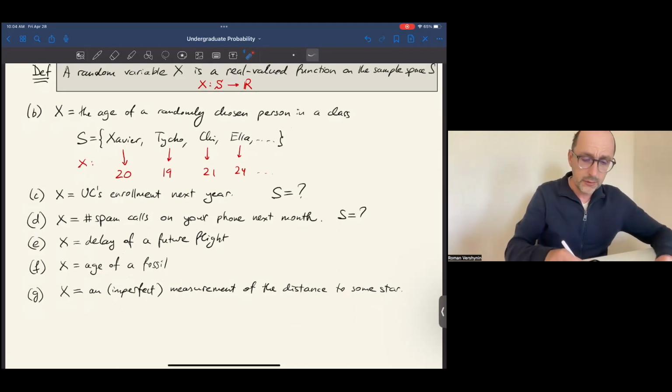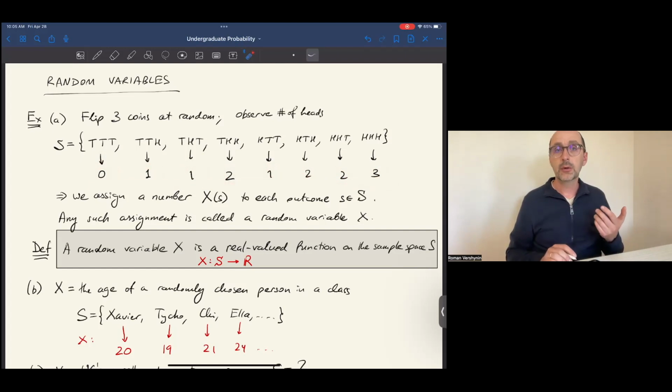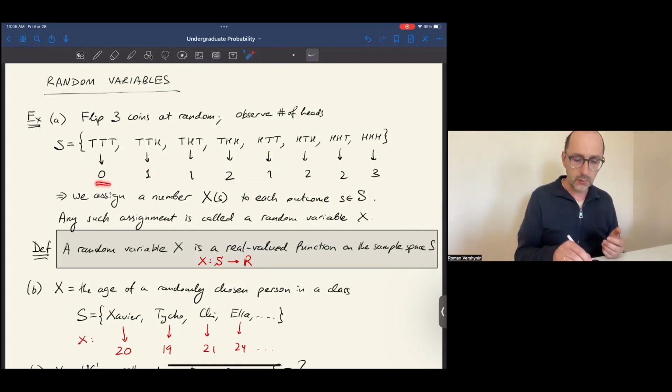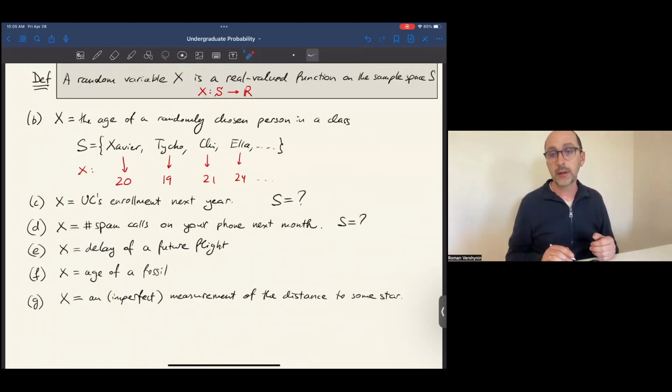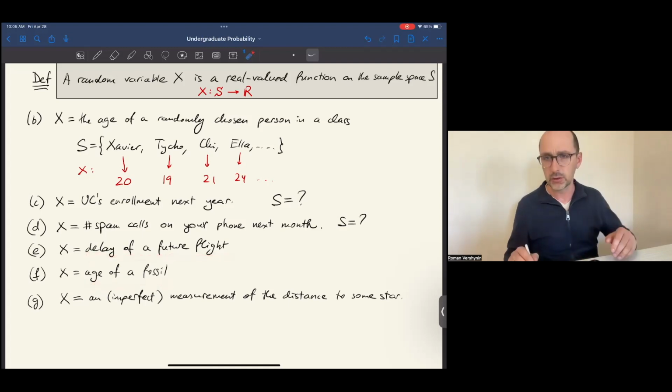Some random variables can take on only finitely many values. For example, the number of heads can take on only 4 possible values, 0, 1, 2, and 3. Some other random variables can take on a continuum of values, such as the age of a fossil or the delay of a future flight.